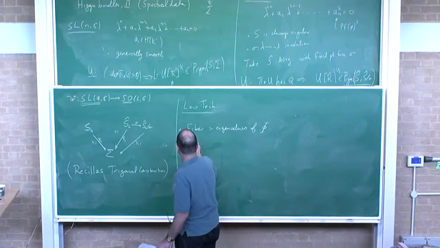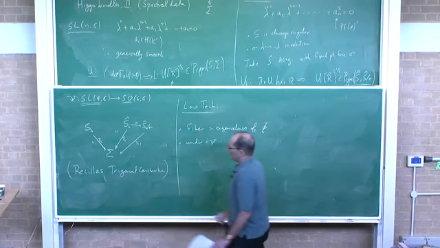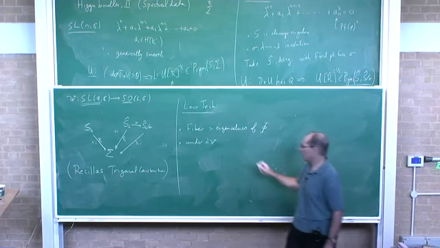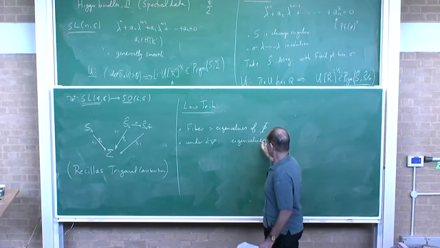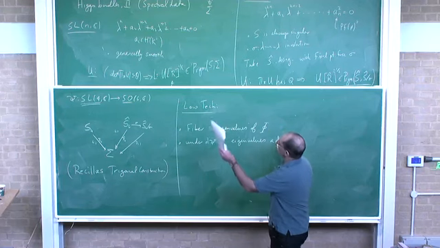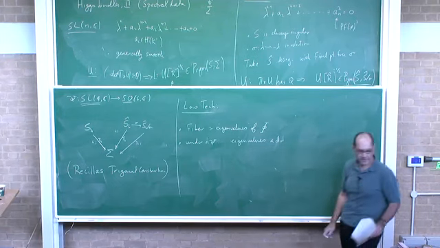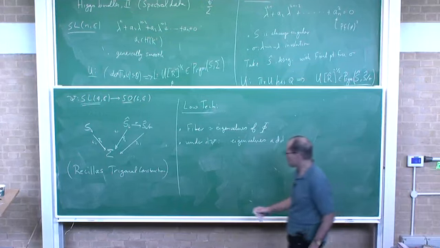The second thing is that under the map on Higgs fields, which comes from the derivative of this, what happens to the eigenvalues? The key thing is that under that map, the eigenvalues add. Look at the derivative of this map.